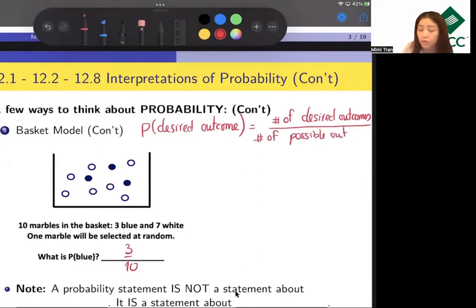You have 10 marbles, so there are 10 possible outcomes. The number of desired outcomes is 3, because the three blue marbles are my desired outcomes. And the number of possible outcomes is 10, so 3 over 10.